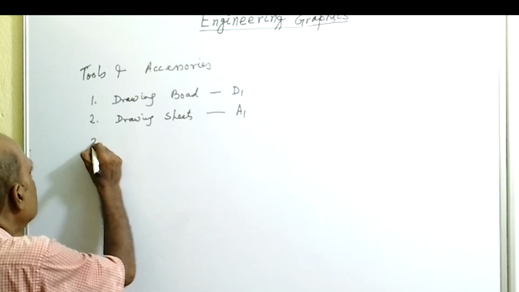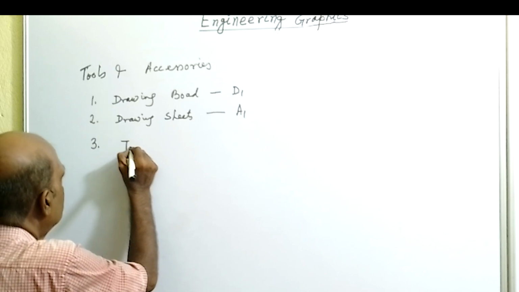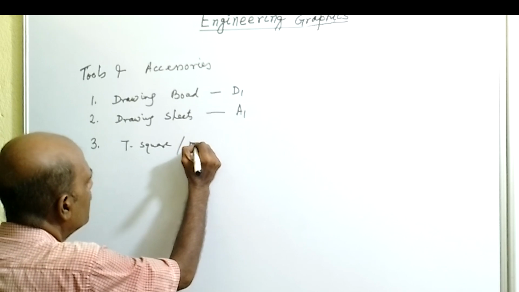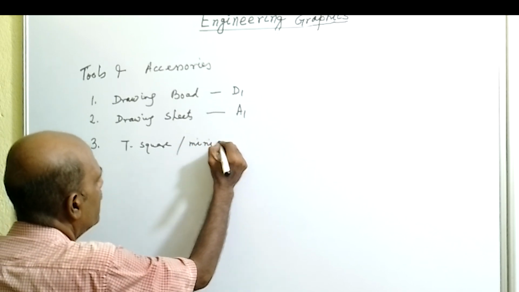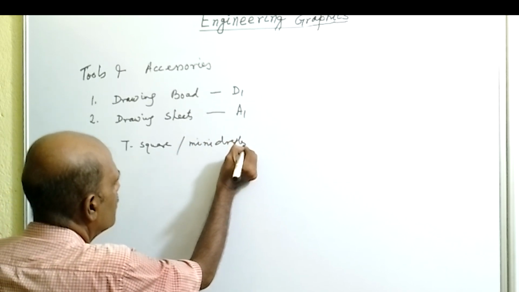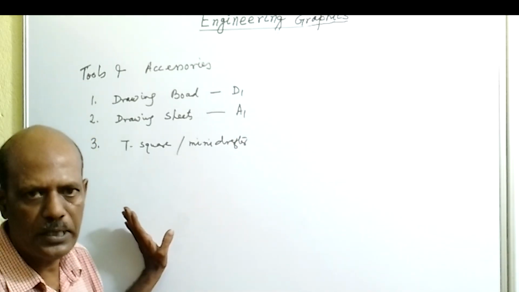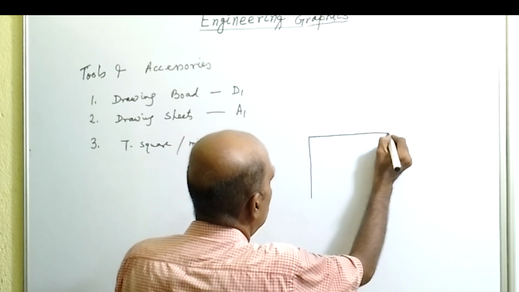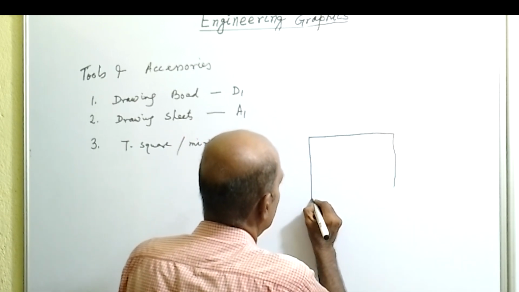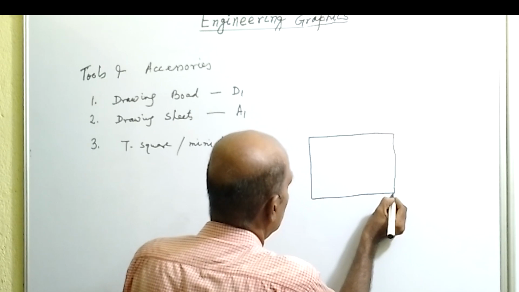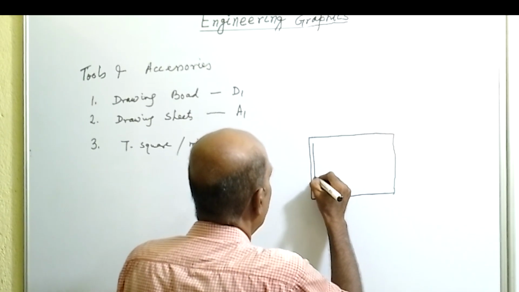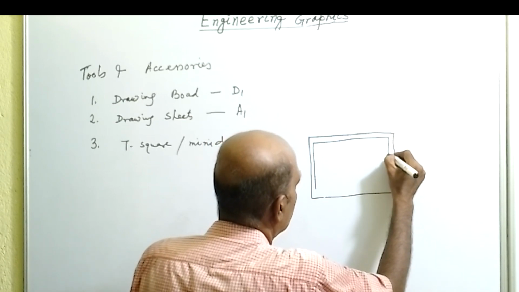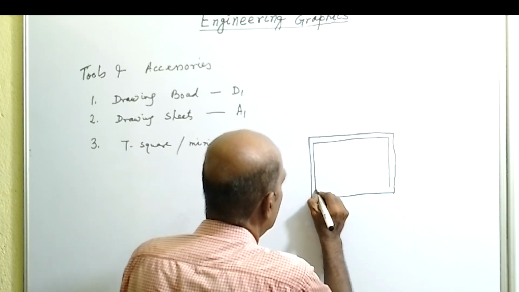Next, what is required? The most important is the T-square, or mini drafter. The role of these two is the same. So this is the board, say a D1 size board, over which the A1 size paper is fixed with the help of clips.